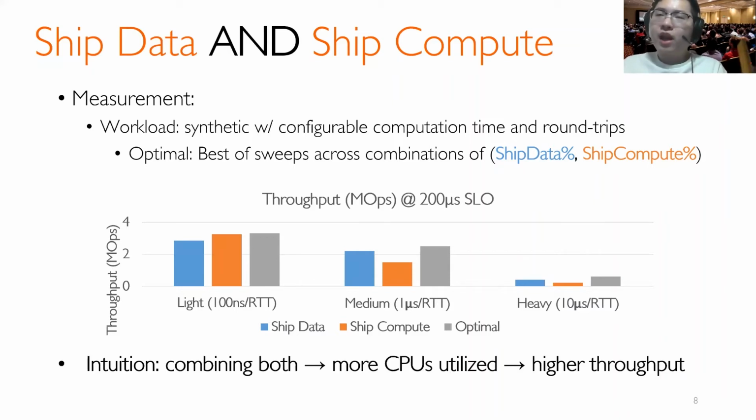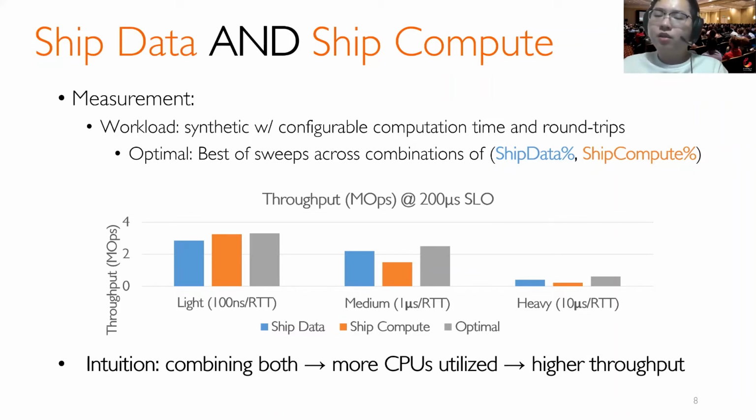The intuition behind this is a straightforward one, because when we are combining both approaches together by executing a fraction of the requests using one and the remaining fraction using the other, we are essentially being able to use both CPUs on the application server and the storage server. Therefore, we have the potential to achieve a higher throughput.